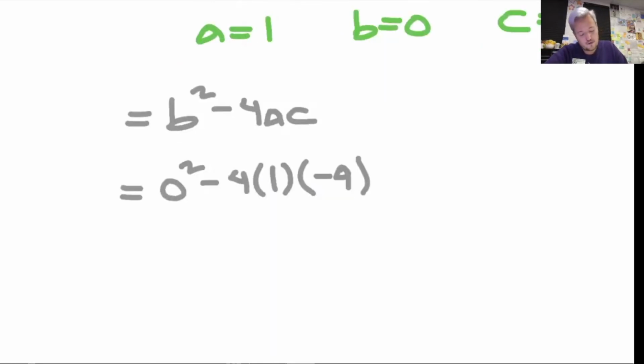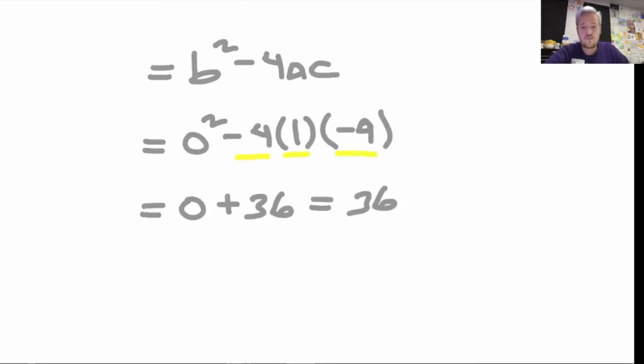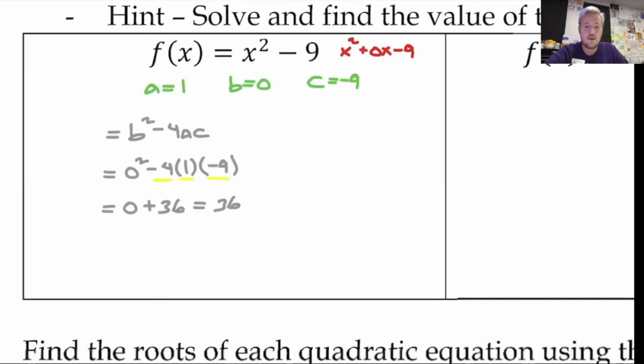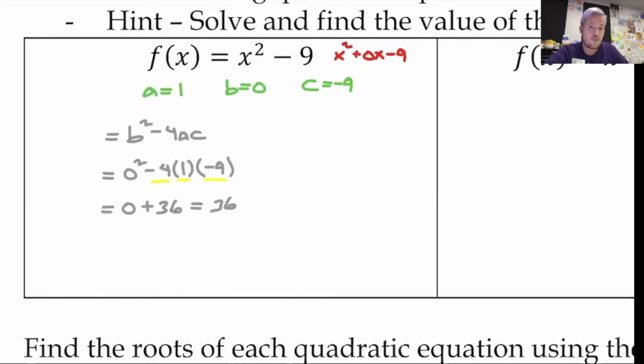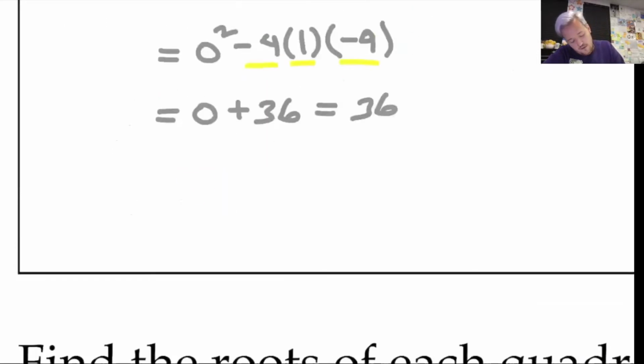All right, so 0 squared is just 0. And then I have negative 4 times 1 times negative 9. So that's going to give you a positive 36. So when you add everything together, you're going to get a positive 36. So remember, if your discriminant is positive, what that means is you're going to have 2 solutions.